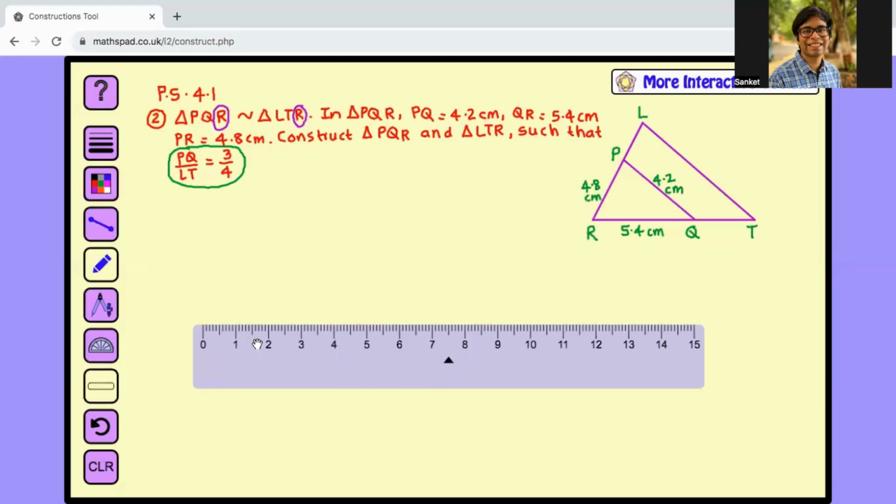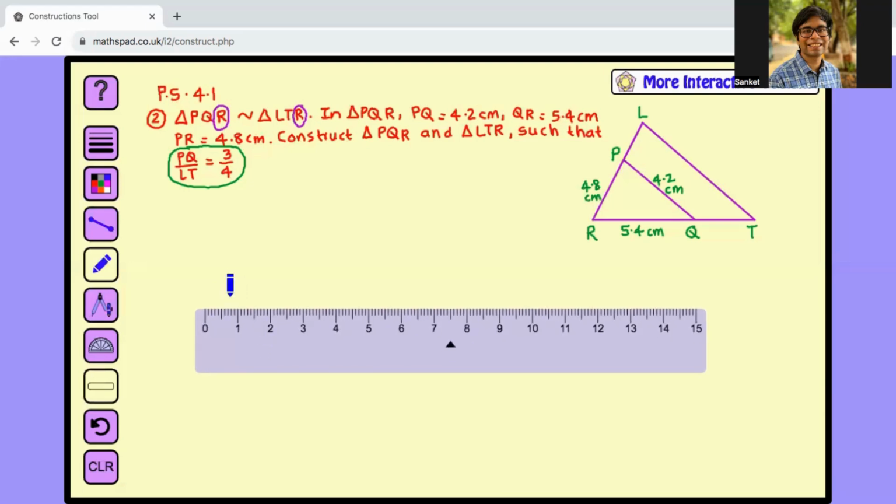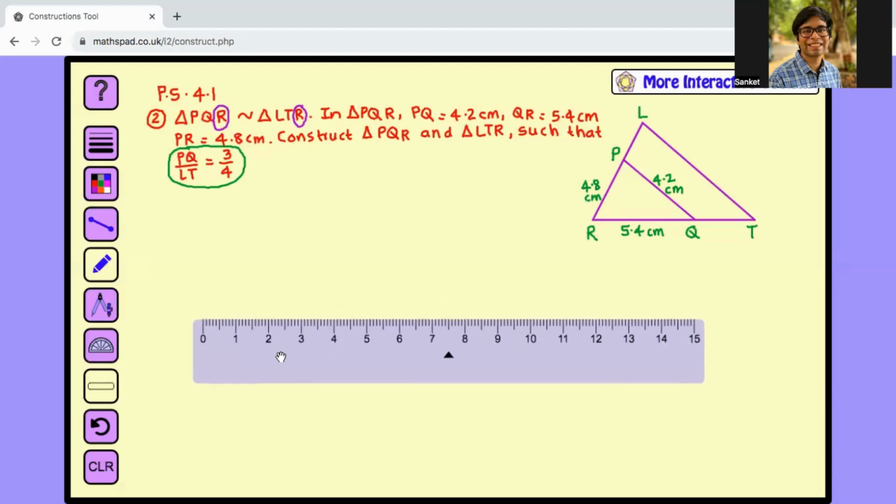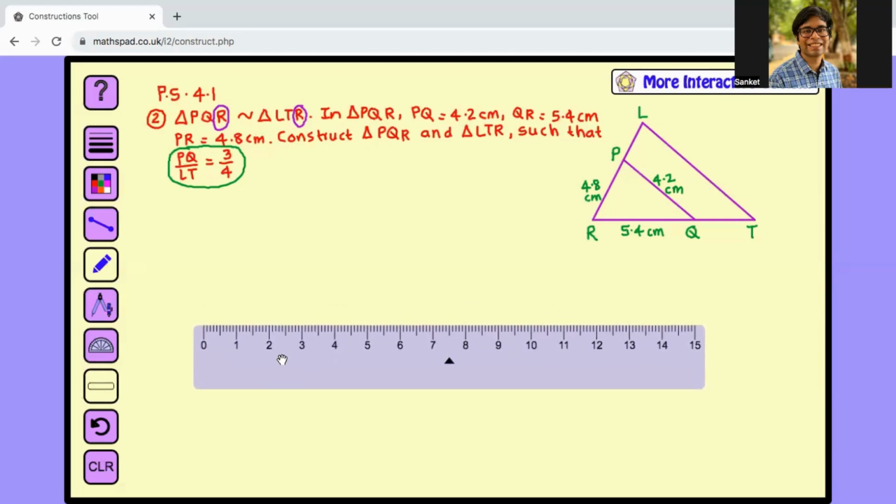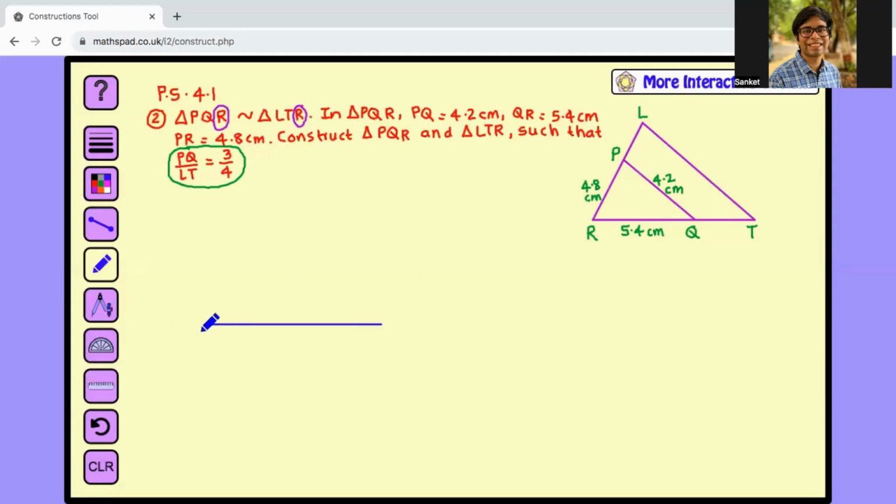And on the scale, I'm going to measure 5.4 centimeter. After that, I'm going to keep my scale aside, label this as R and this as Q.